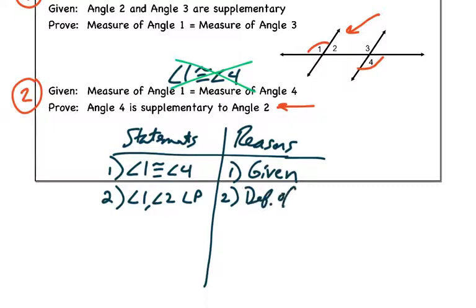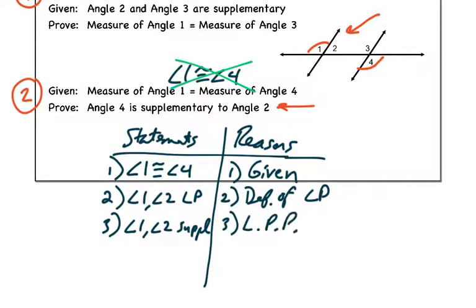Why are they a linear pair? Because, by the definition of linear pair, they're a pair of angles that add up to a straight line. And then we said, therefore, angle 1 and angle 2 are supplementary. And that was from the LPP, the linear pair postulate. Okay, so far, so good.